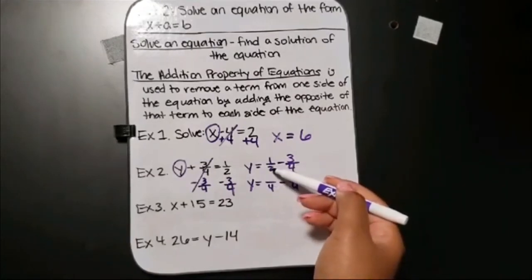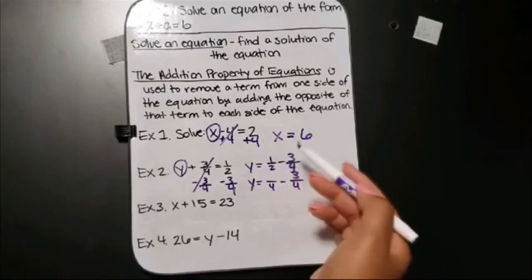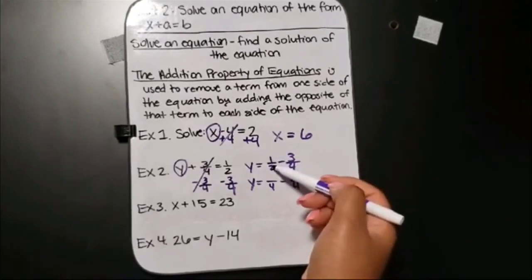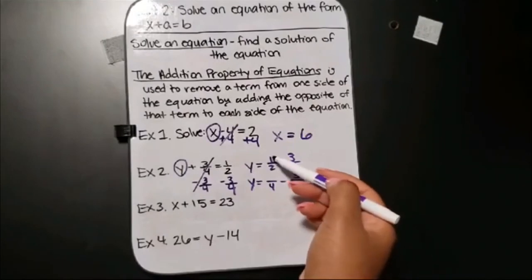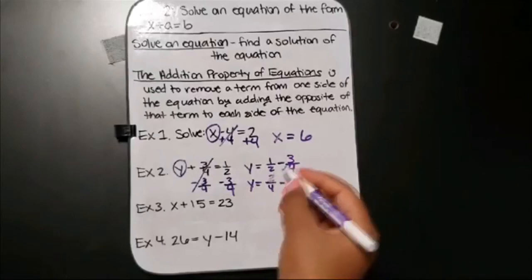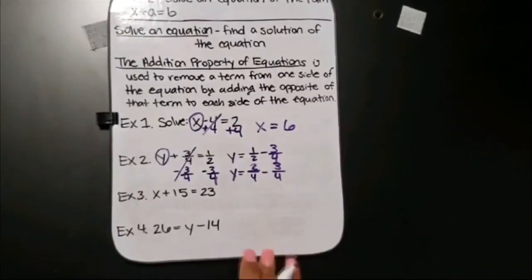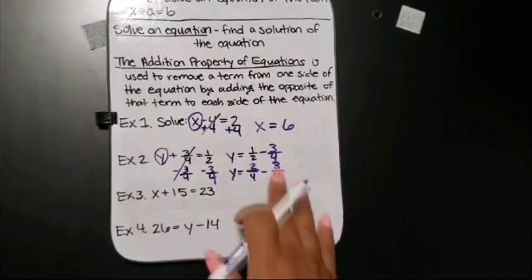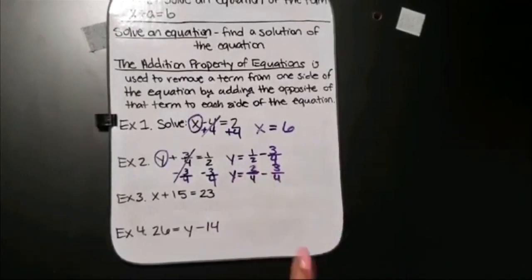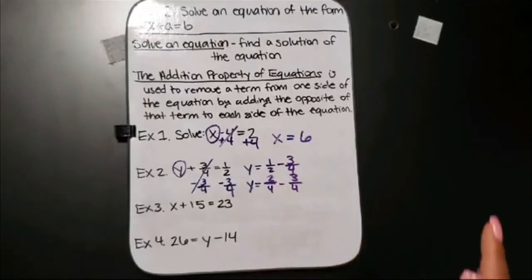But in order for the fraction to continue to be equal, whatever we multiply by the denominator, we have to also multiply by the numerator. So if we did 2 times 2 here, we have to do 1 times 2, which is 2. Okay, so now we can actually work this out. So y equals 2/4 minus 3/4.